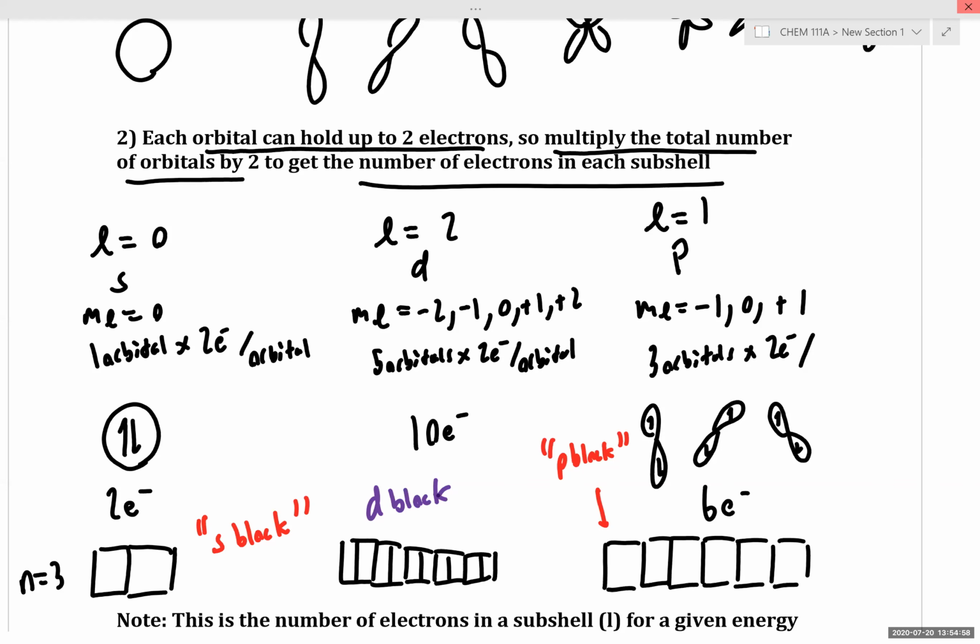So we're really starting to see a connection between the arrangement of elements in the periodic table and the different shells and subshells associated with electron configurations and orbital models of an electron. So in summary, what I want you to take away: the s orbital holds 2 electrons, the d orbital 10, p orbitals in total hold 6.